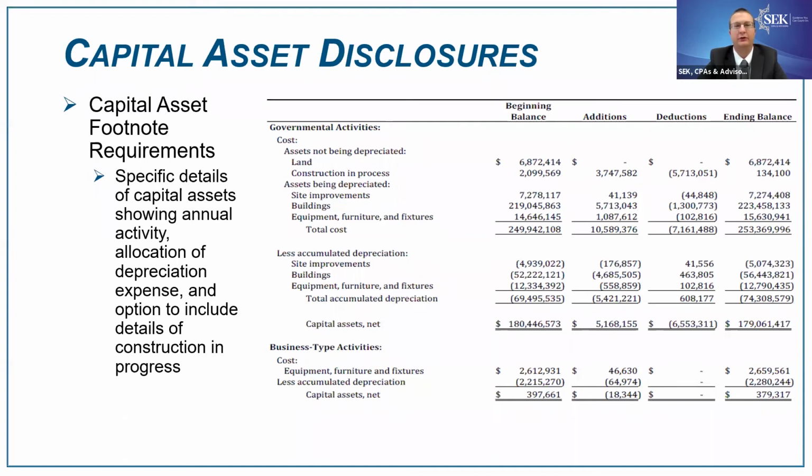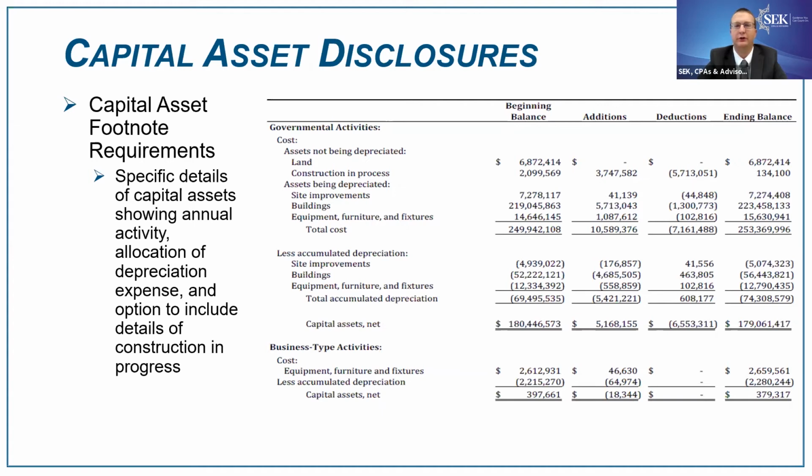I'll focus on the governmental activities. The top is the cost perspective and the bottom is the accumulated depreciation. The cost is broken down between the assets not being depreciated and those that are being depreciated. Each of the individual columns shows your beginning balance, the acquisitions, your reductions, and your ending balance.